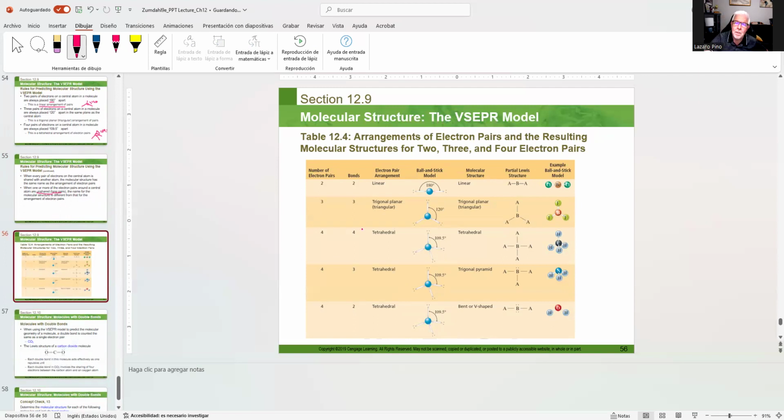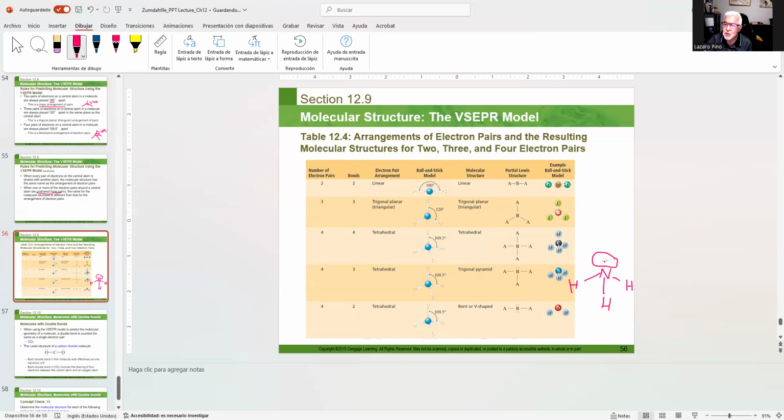For example, in the case of nitrogen with three atoms of hydrogen, in this molecule you have a lone pair of electrons. They are not shared with another atom.